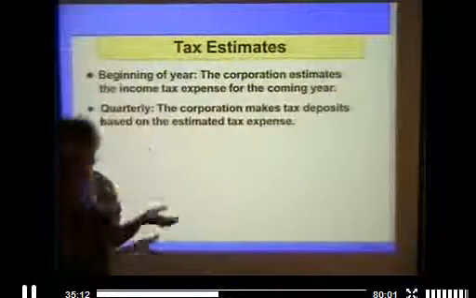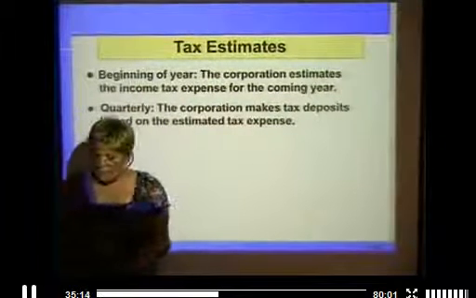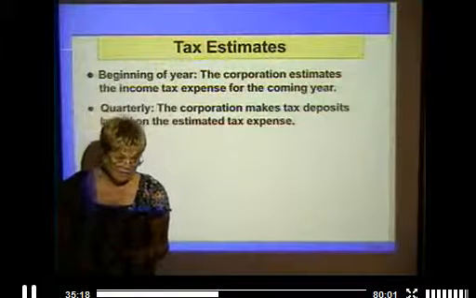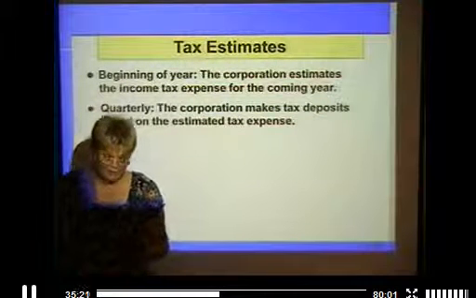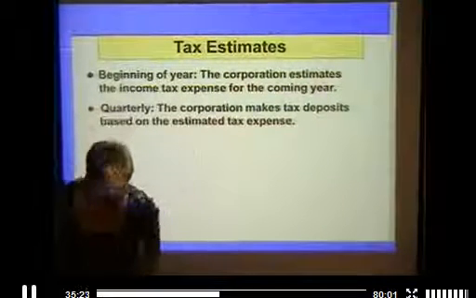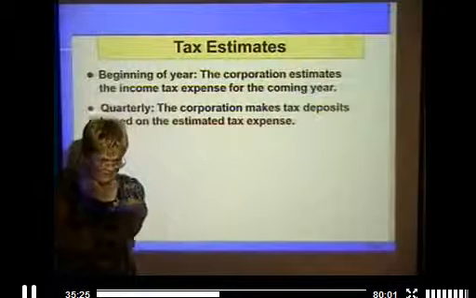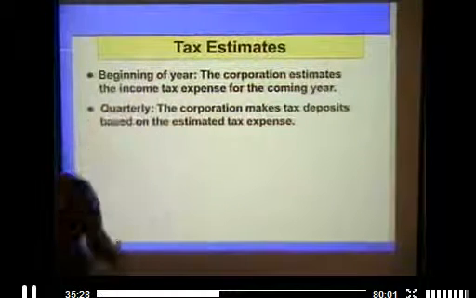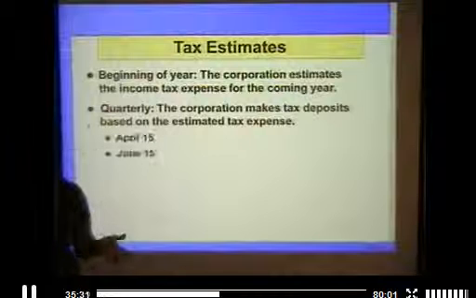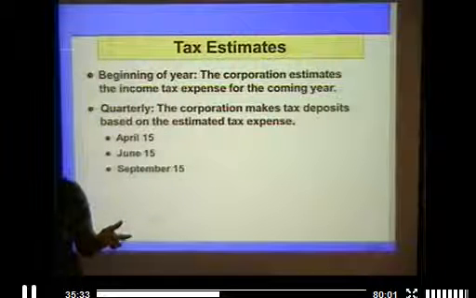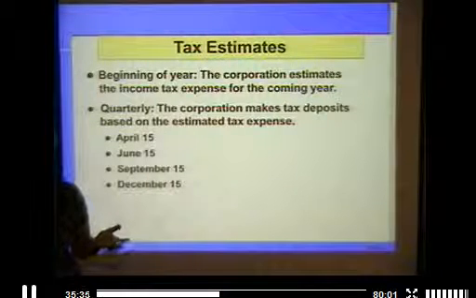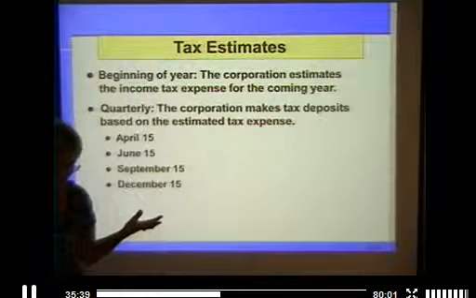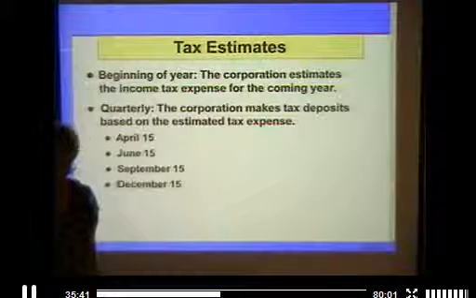They're not going to let us go all year and wait till the end to pay the income tax, and then we say, well, we don't have any money, right? So we're going to have to send it in quarterly. So April 15th, June 15th, September and December 15th, we have to make our estimated deposits of what we think our income tax is going to be.